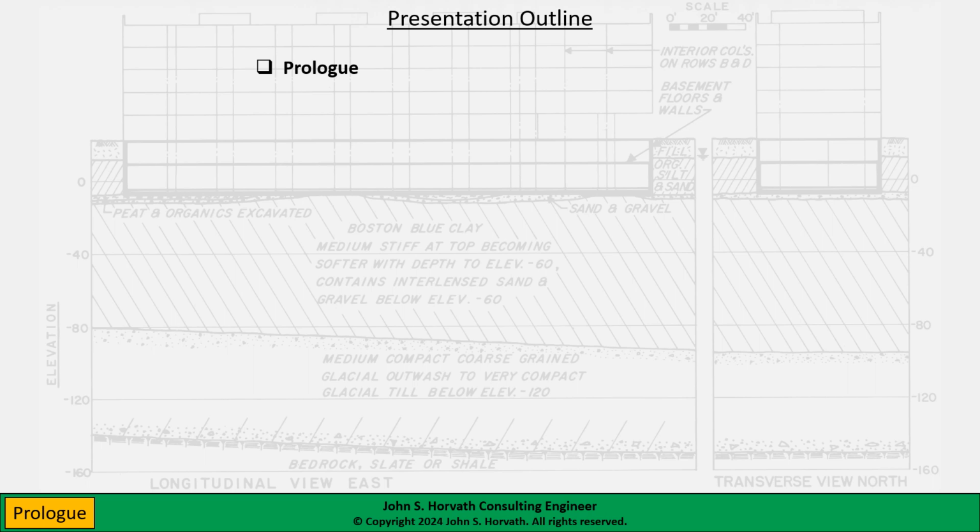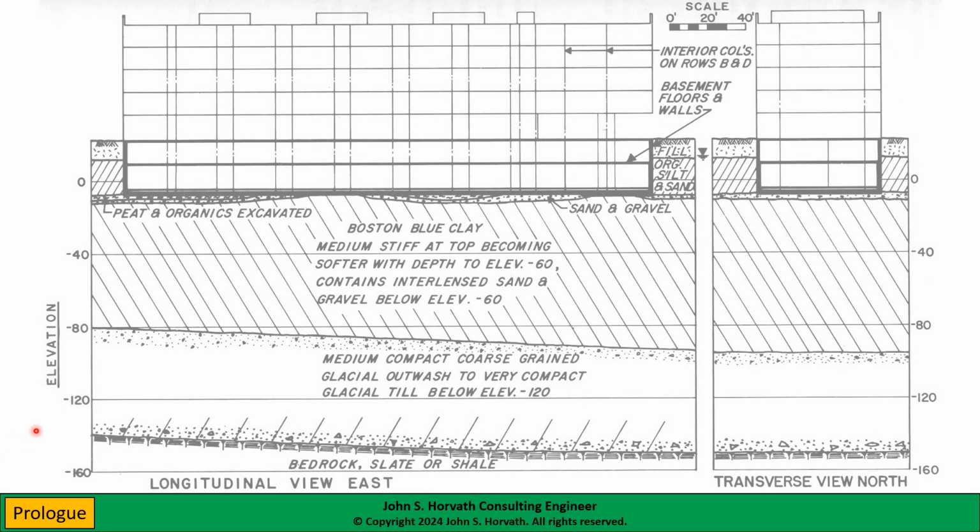Well, to provide some background as to why I'm doing this presentation, this is the longitudinal and transverse profiles to a very typical building supported on a mat or raft foundation. This building happens to be the Massachusetts Institute of Technology campus in Cambridge, Massachusetts. When it was designed and constructed in the 1960s, it was referred to as the chemistry building.